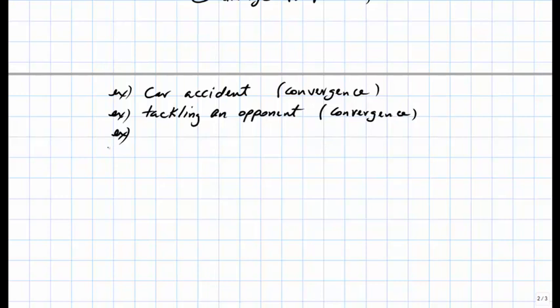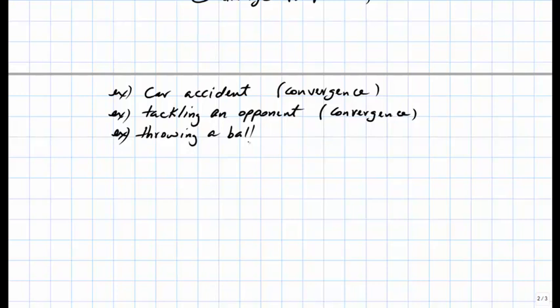Here's another example. Throwing a ball is actually considered to be a collision. This is an example where two objects separate.